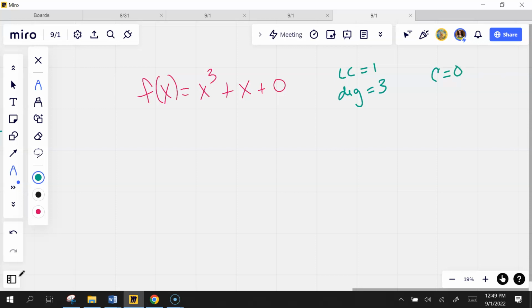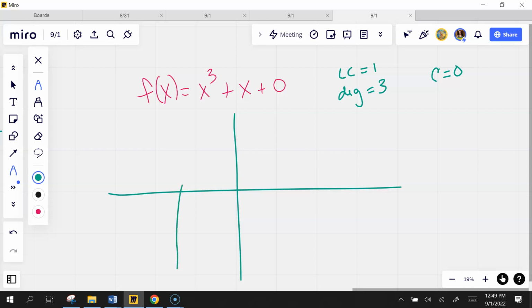It's going to be a backward F. Zoom in some on it.